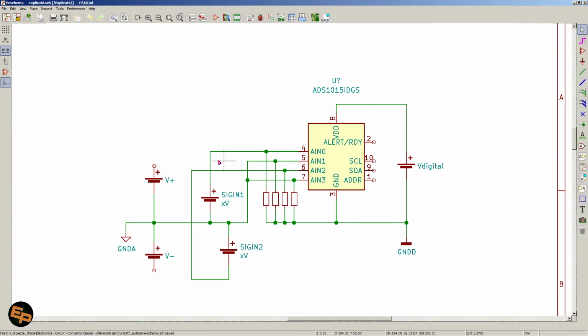But these voltages, these analogic outputs, also connect to the analogic inputs. So when we have such voltage dividers, we will also risk applying negative voltages on the inputs of the ADC, and that's a big no-no.